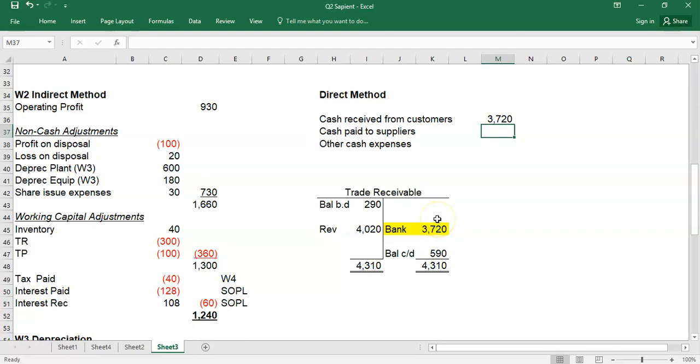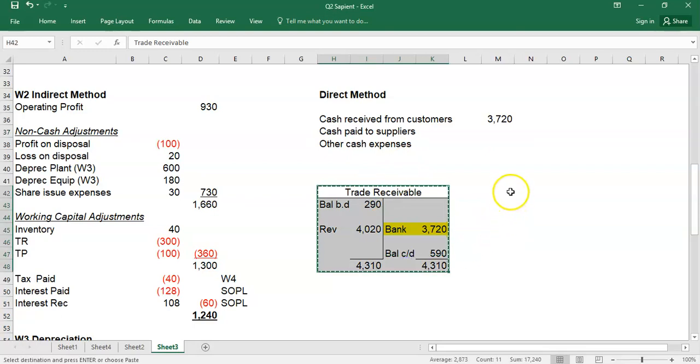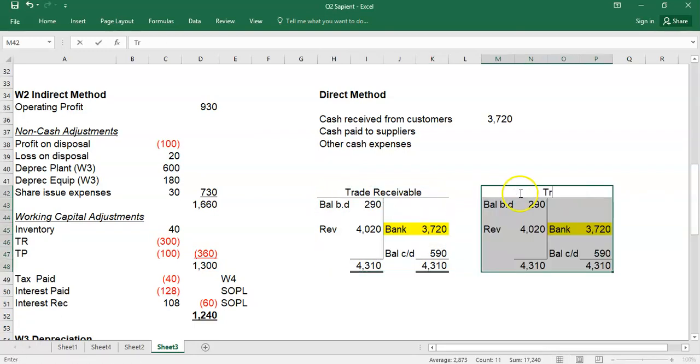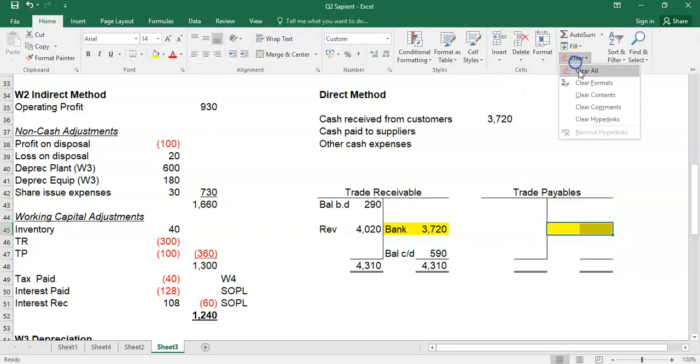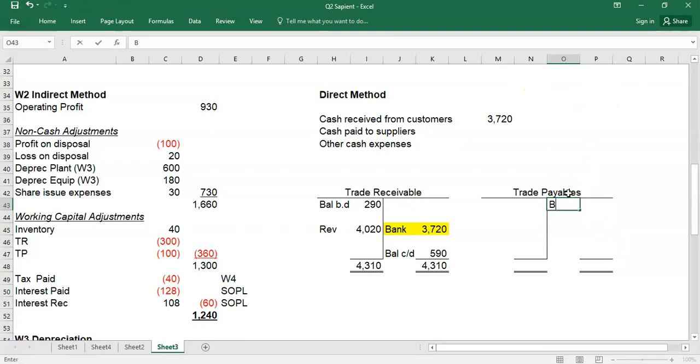For cash paid to suppliers, we're going to use trade payables instead. So let's do them side by side here. Trade payables. So we'll just rearrange that because it's obviously trade payables on the other side. So you here have your balance brought down, balance carried down, you have bank, and then you'll have purchases this side.